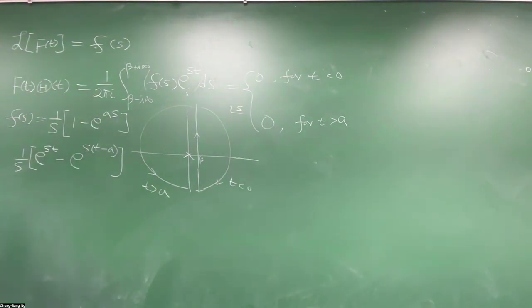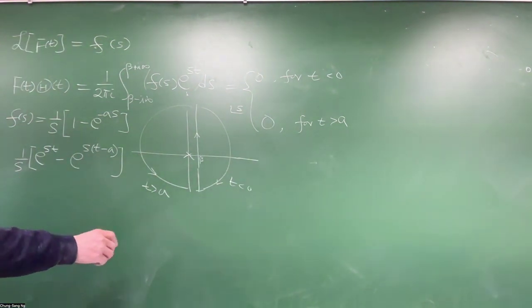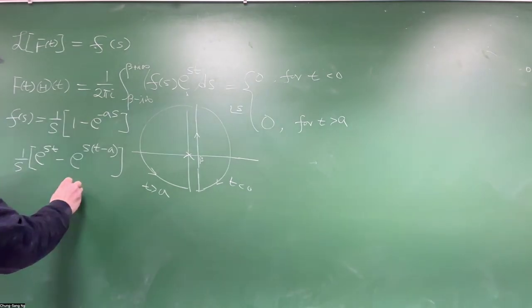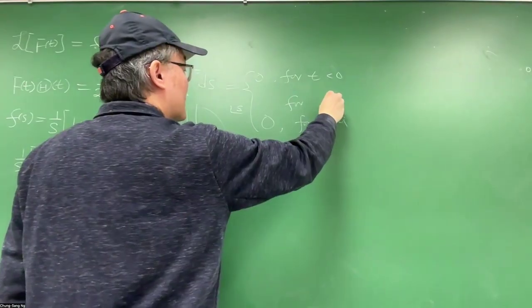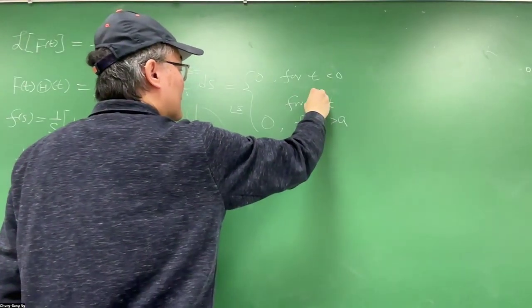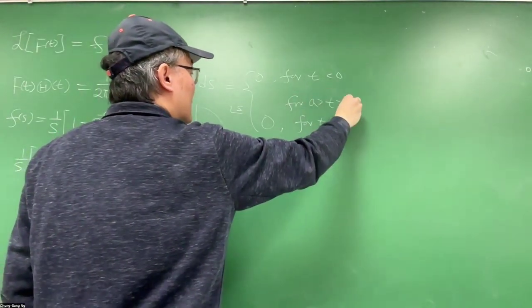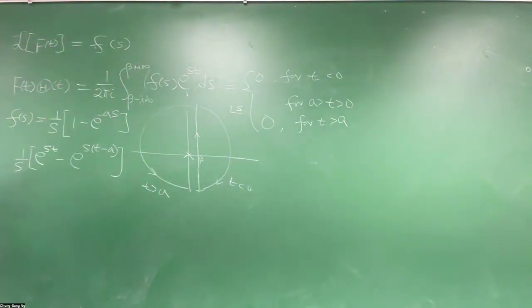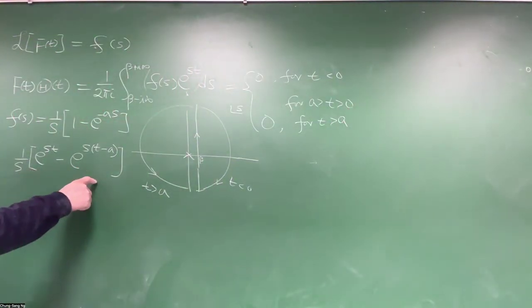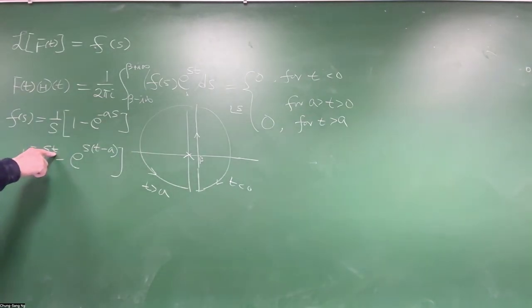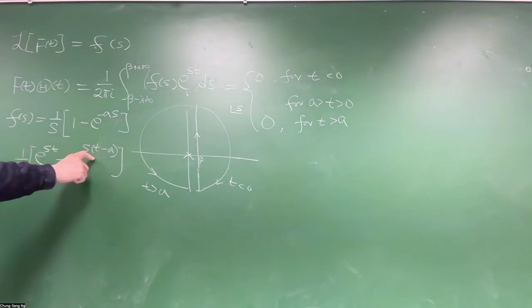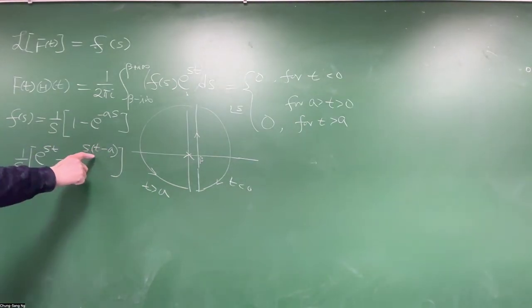The more complicated situation is for the other part, t between 0 and a. In that case, this is positive, t is positive, but for the other exponential function, t minus a is negative.